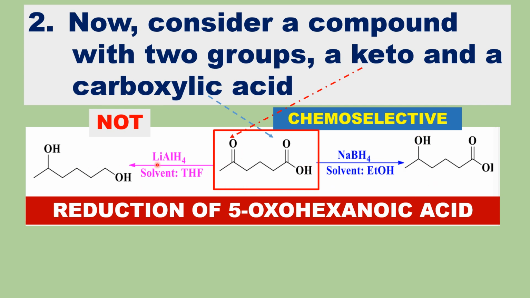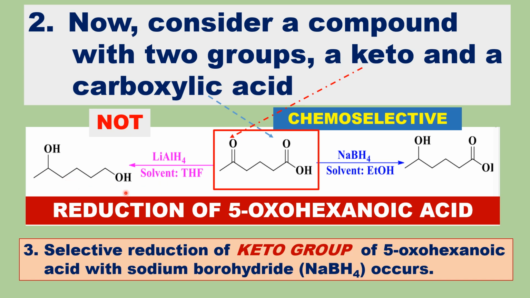You see here, with lithium aluminum hydride in the presence of THF, tetrahydrofuran, as solvent, both the functional groups are reduced. The CO group is reduced to CH2. Both the functional groups are reduced.